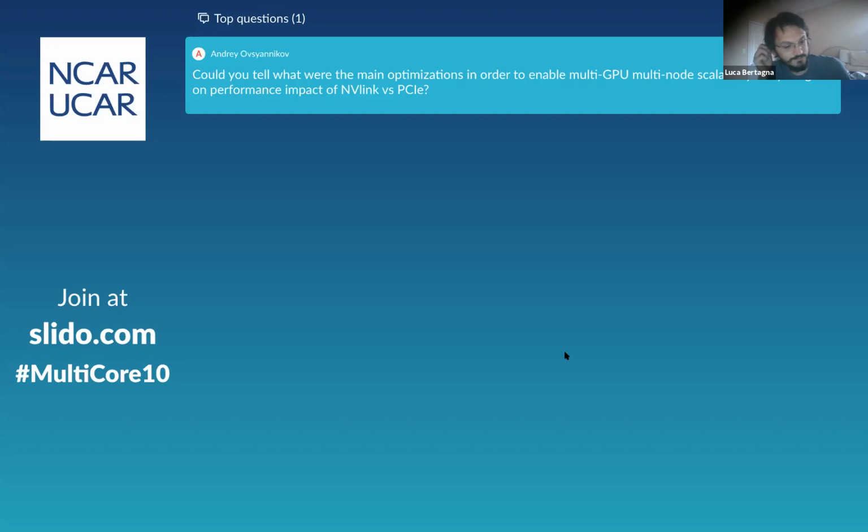I wasn't the person involved in the large-scale simulation campaign. Oksana in our organization was in charge of that. She had a few back and forths with people at ORNL regarding how to properly set up GPU Direct. But definitely there was an impact when we use GPU Direct versus a standard copy to host and do MPI.